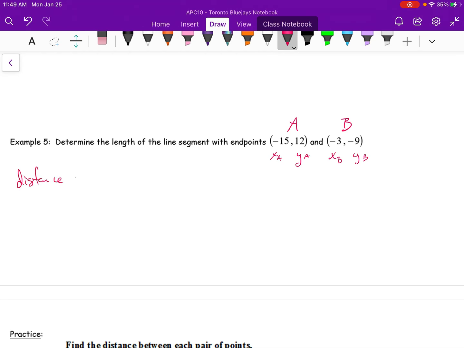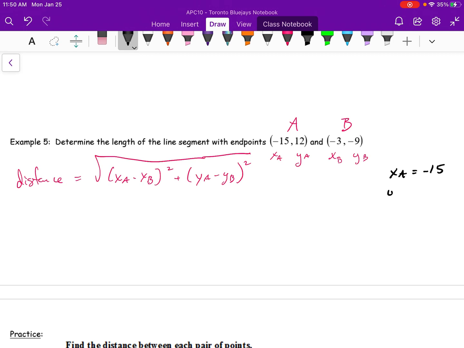The distance is equal to the square root of (xa minus xb) squared plus (ya minus yb) squared. Now xa is equal to -15, ya is equal to 12, xb is equal to -3, and yb is equal to -9.